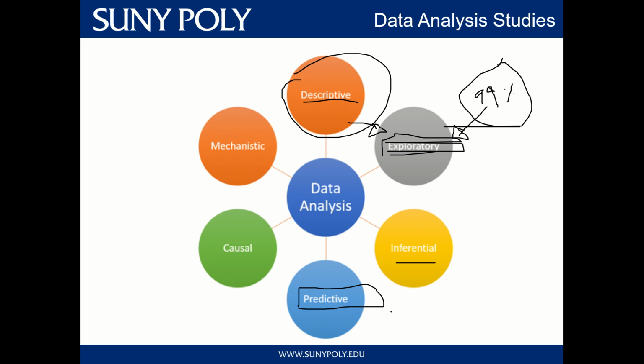The predictive analysis is where you want to predict a variable. So here we have regression models and classification models. In regression models, you want to predict a numerical variable.